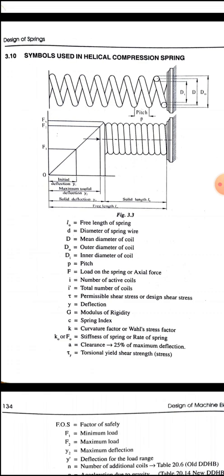Capital D is the mean diameter of coil, capital DO is the outer diameter of coil, capital DI is the inner diameter of coil. Small p is the pitch. Pitch is the distance between two coils in the free state.